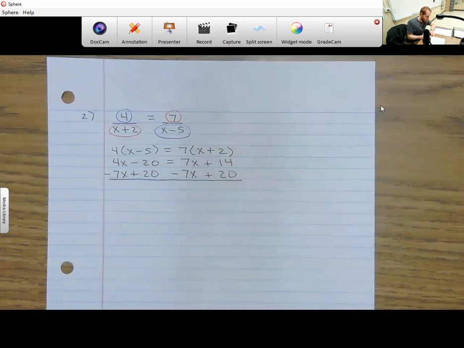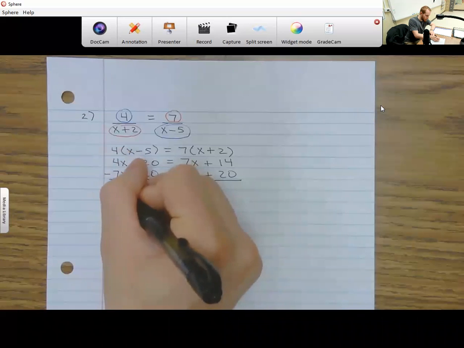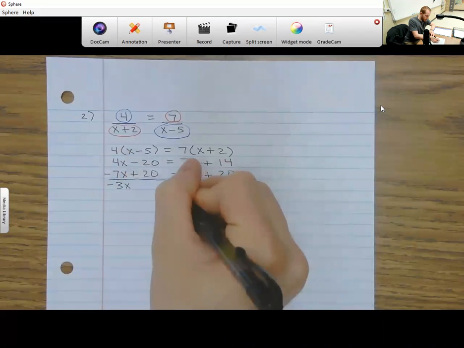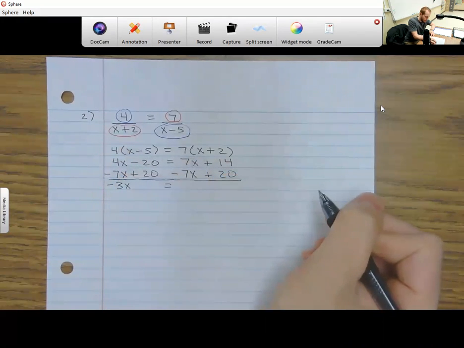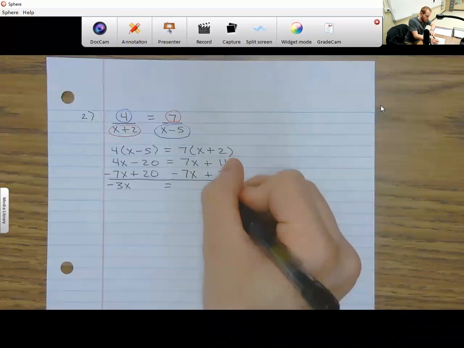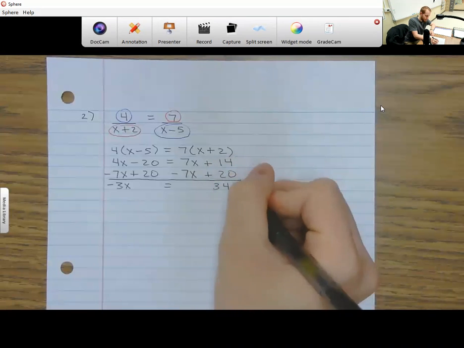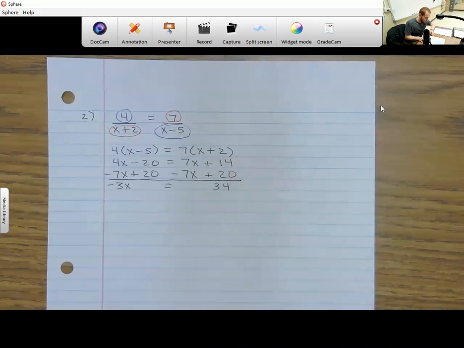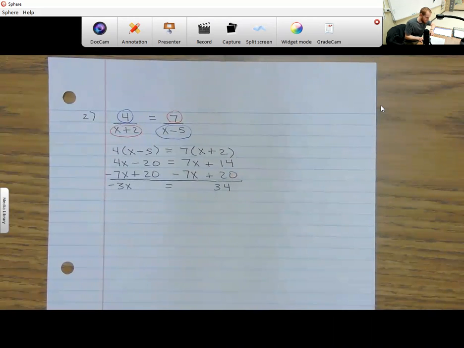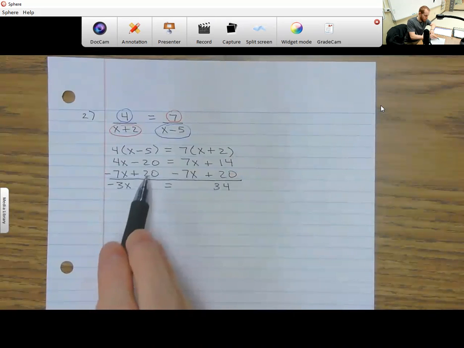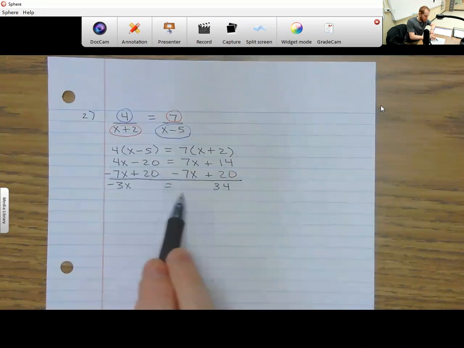So this time I get negative 3x is equal to 34. Negative 3x equals 34. The negative 20 cancels with the positive 20, and the negative 7x will cancel with the positive 7x.